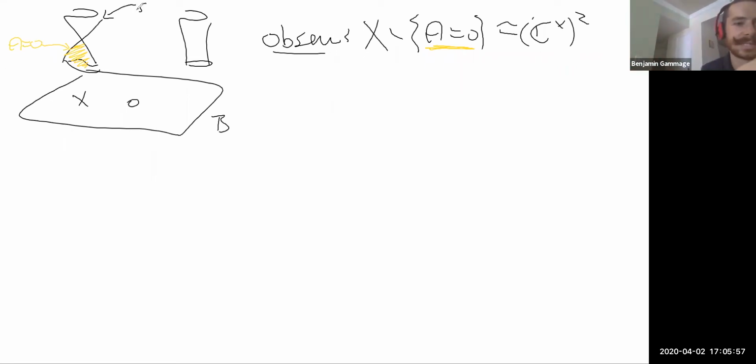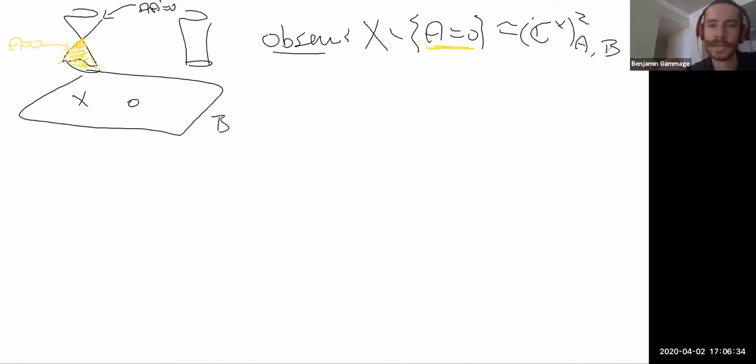That's what this fiber is, and these two components of that fiber are the component where A is equal to 0 and the component where A prime is equal to 0. If I delete this whole component, in particular I'm deleting this singular point. So what I end up with is a copy of C star squared, which I can treat as having variables A and B. The B variable is in the base and the A variable is in the fiber.